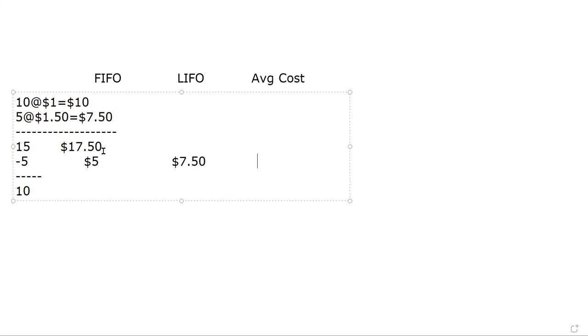So on my average cost, instead of $1 apiece or $1.50 apiece, I'm going to have somewhere between that.